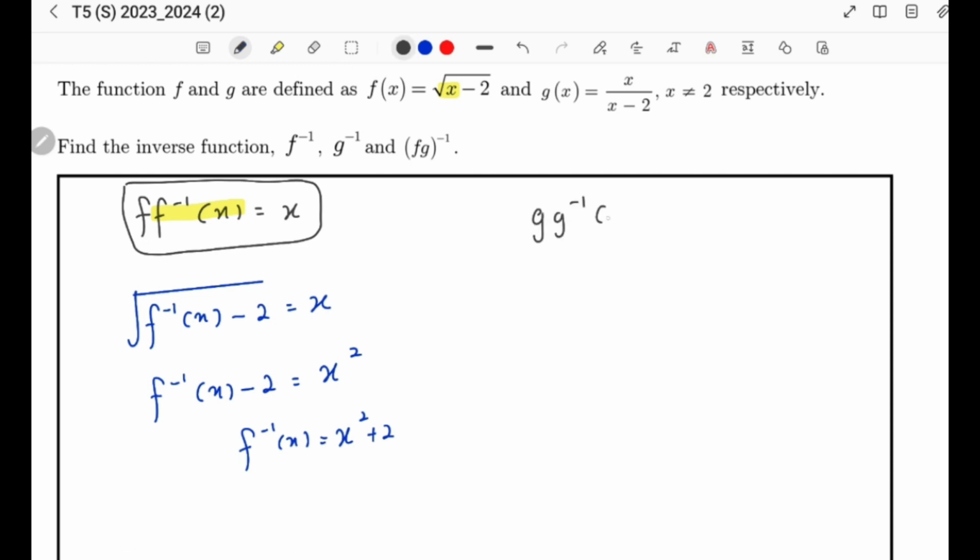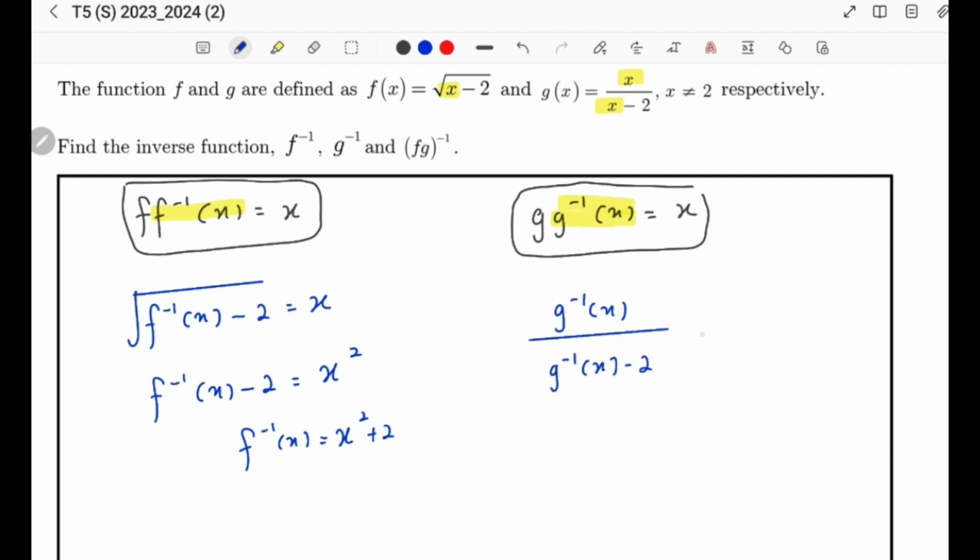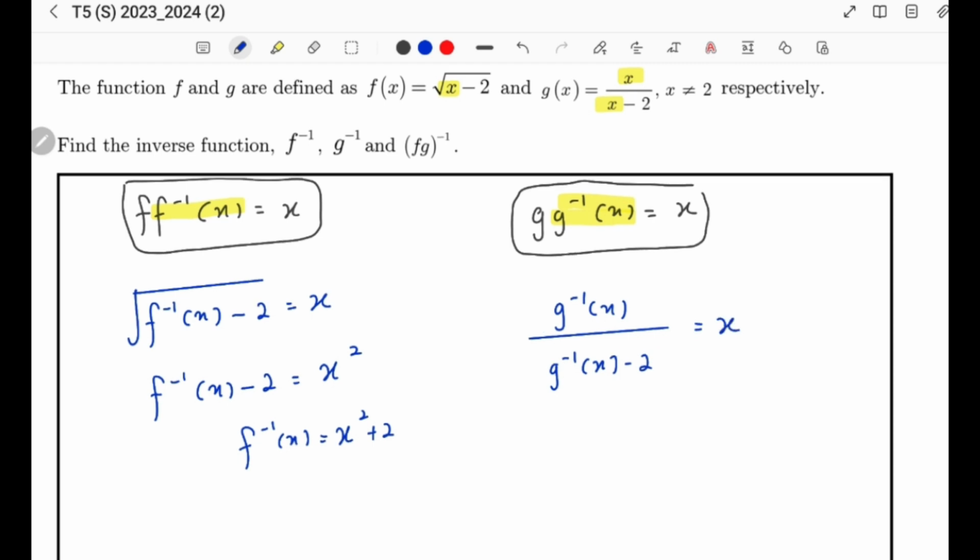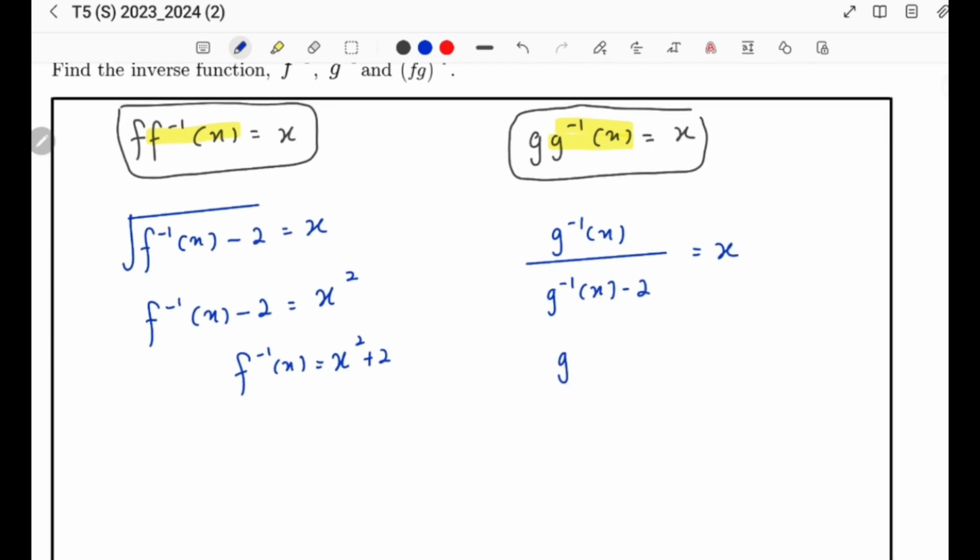So g(g inverse) equals x. Substitute g inverse into g. Make it equal x. And then rearrange until we have g inverse as a subject.